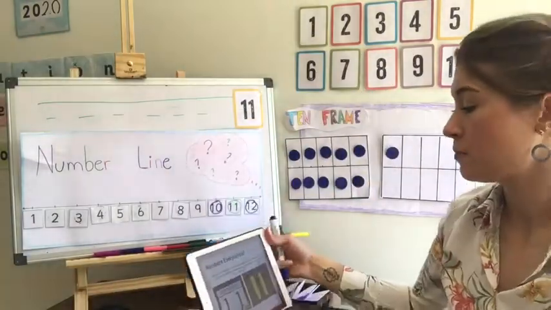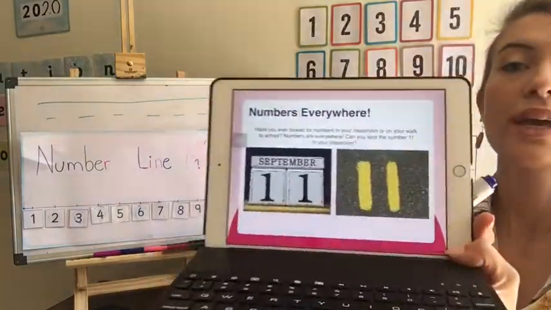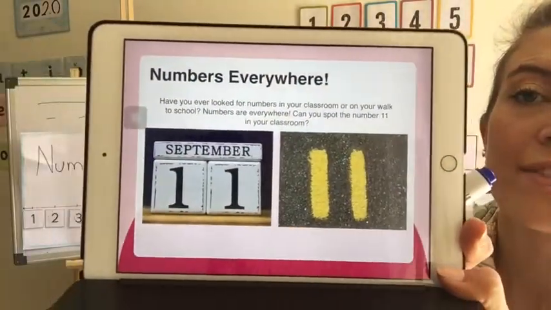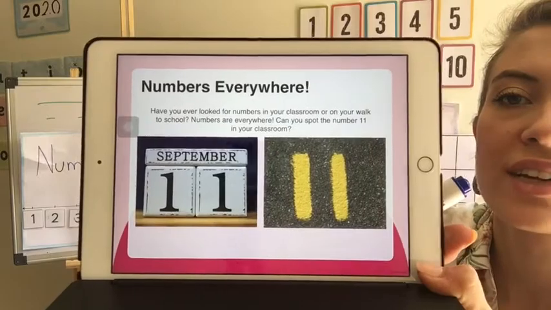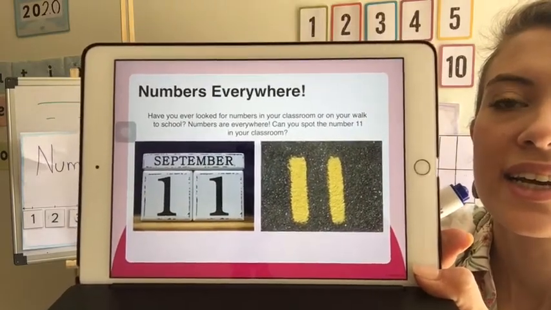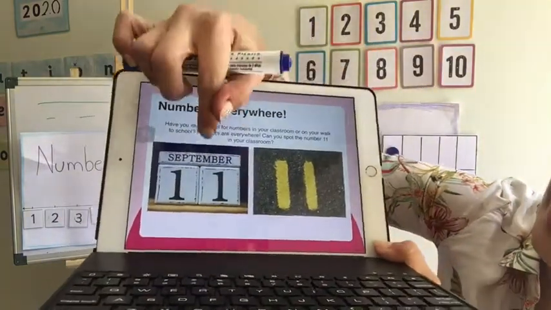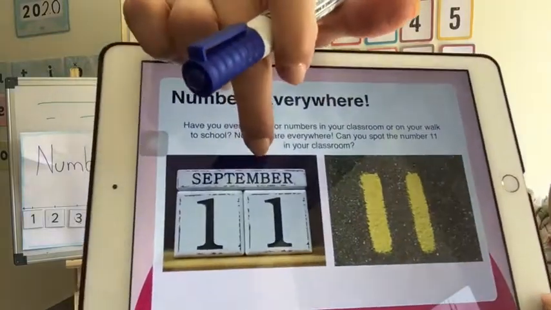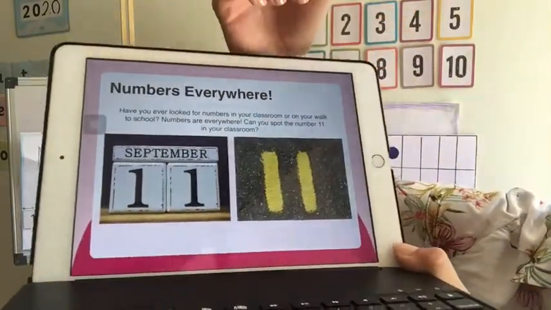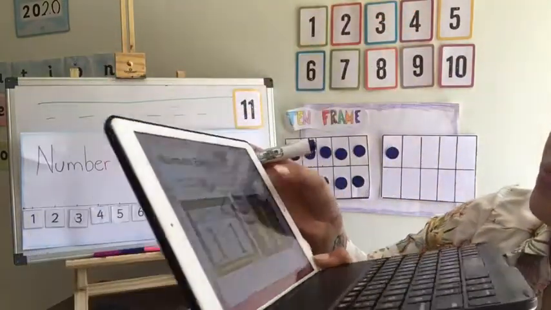Well, guys, here we can look at the number 11 in two different ways to write. For example, here it's a date, and here it's just the number 11.